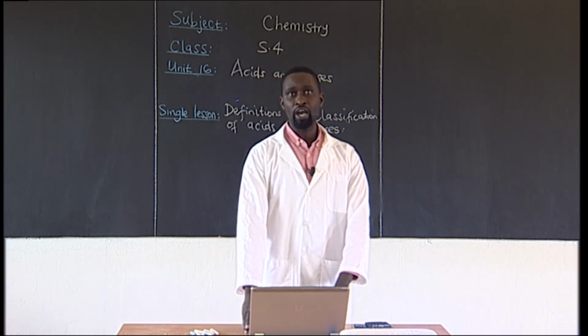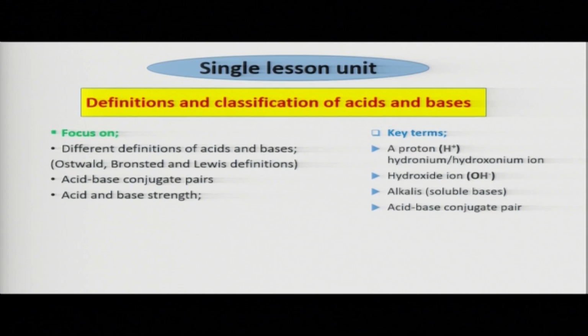And as usual, I always highlight the key terms for you not to miss. In this lesson, we're having about 4. One is hydronium ion. This actually has many names or many terms, as you're going to see them.